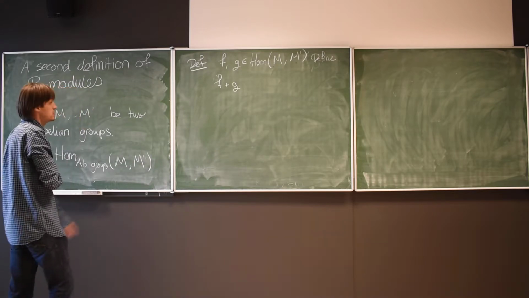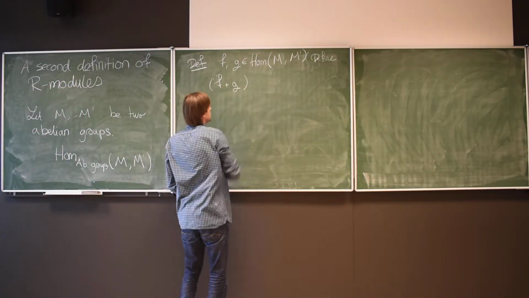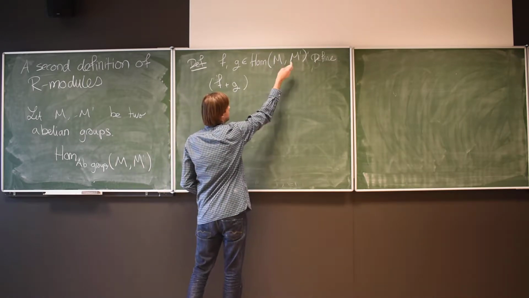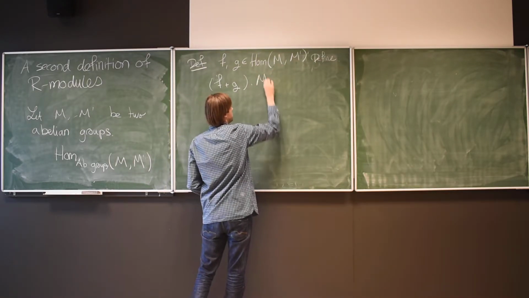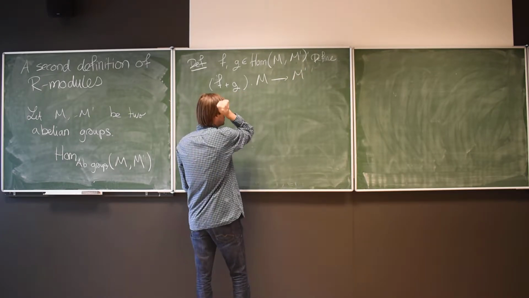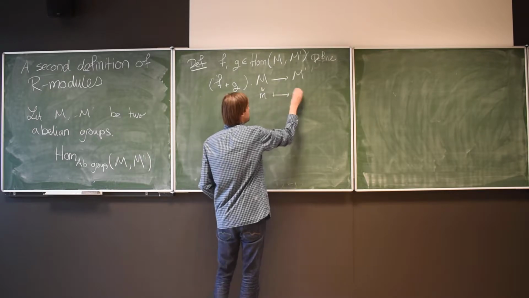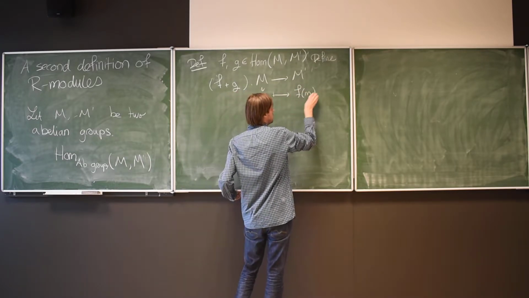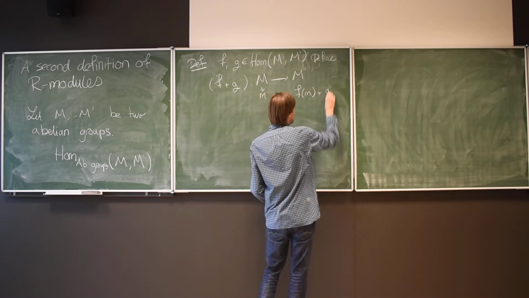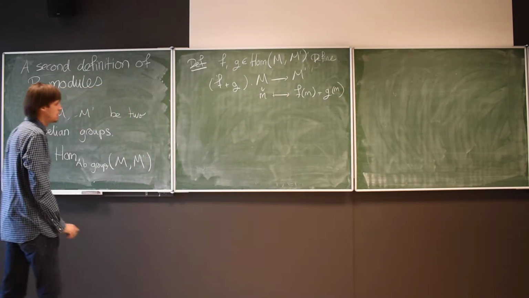So this is going to be a new element of this Hom set. So I have to give, so let's say it's a map from M to M prime, and it's going to send an element m in M to the sum of the two guys, like this.